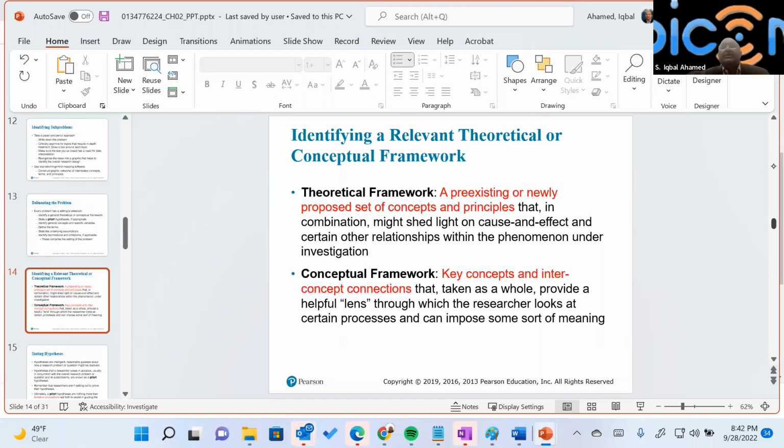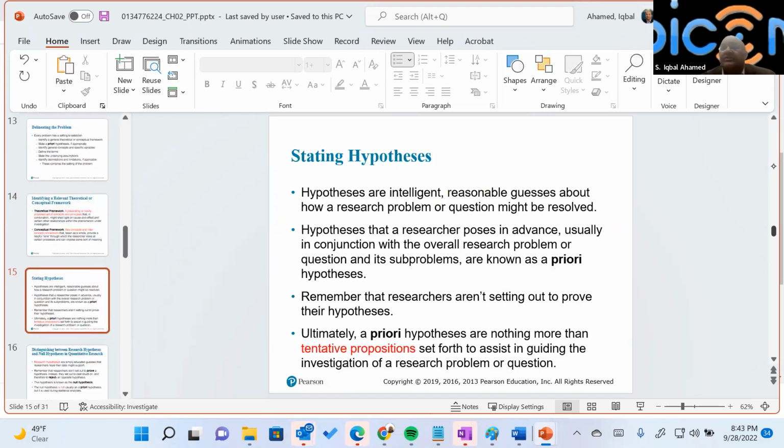So you can use either one, depending upon what type of problem you are doing and how close you are. For example, if you have to start with some 3-4 concepts, and as time goes, from those concepts you try to find the problems, the issues, and come up with the solutions. So usually we have two types of framework: one is theoretical, and the other is conceptual framework.